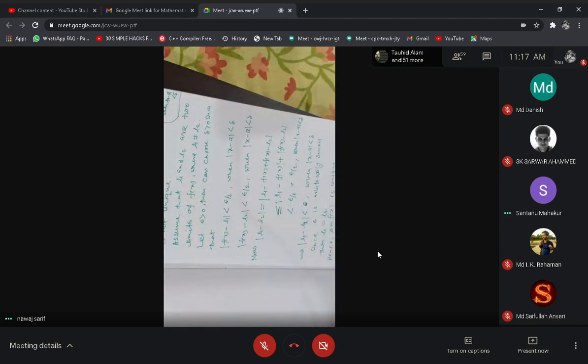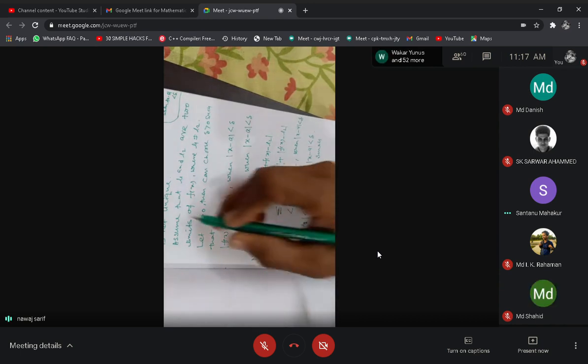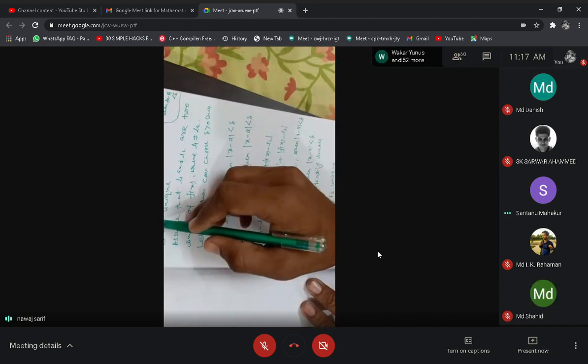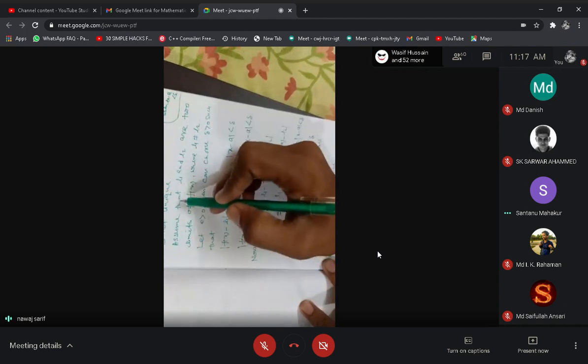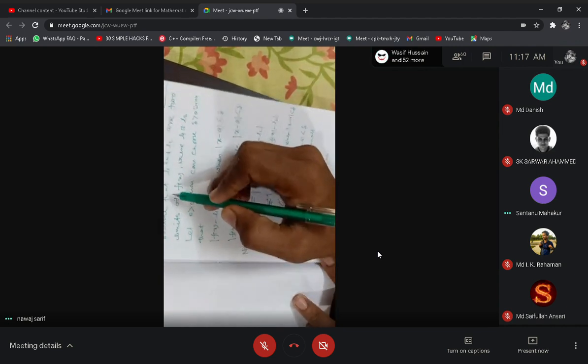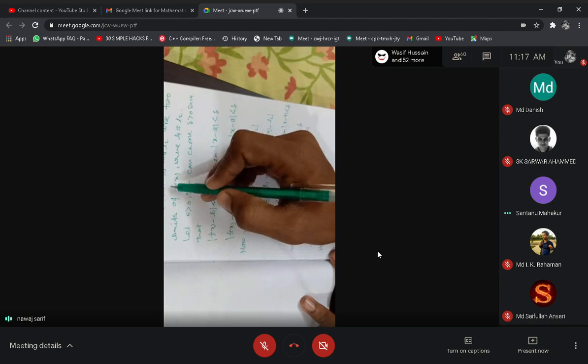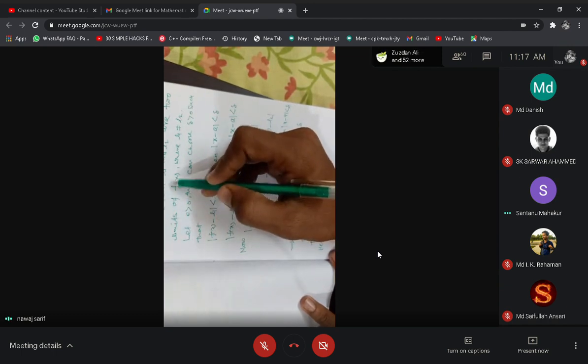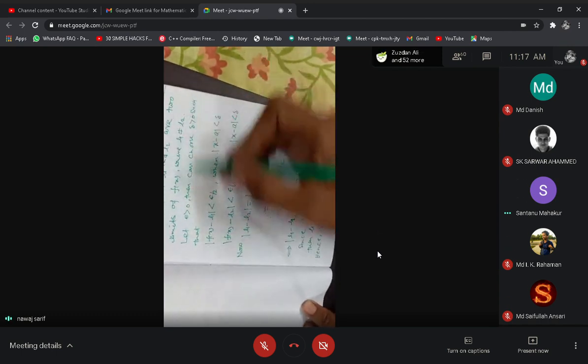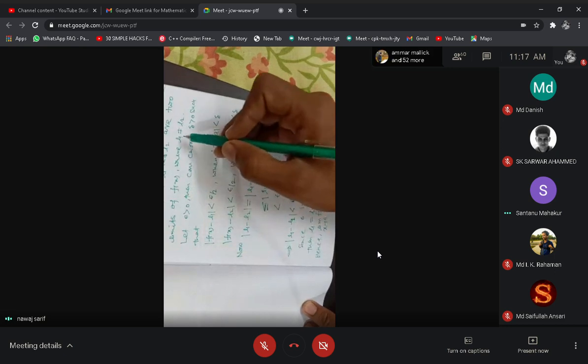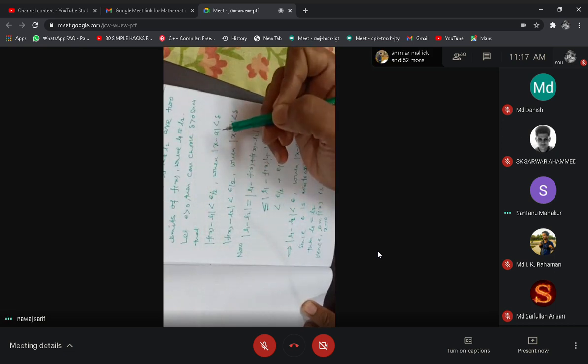That means first we have to assume that the limit of this function is not unique. So we have assumed that the limit of this function is not unique. That means there must be at least two limits. So we assume that L1 and L2 are two limits of this function, and L1 is not equal to L2.